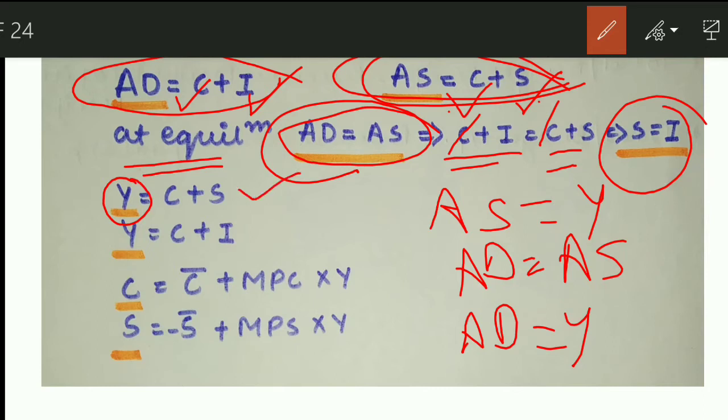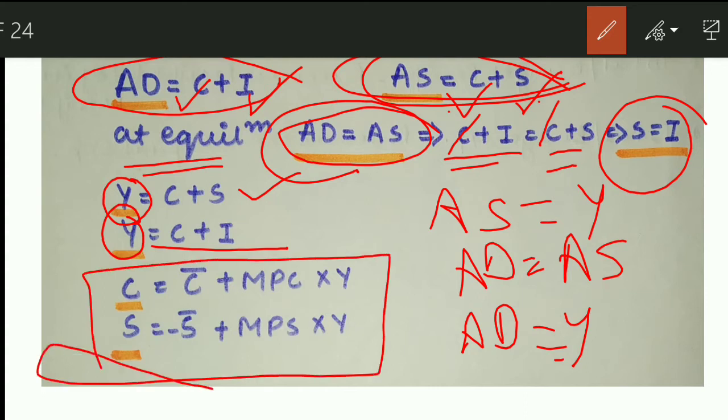So we can write it like this, that income, that is aggregate supply, is equal to consumption plus saving, and aggregate demand, that is consumption plus investment, is also equal to income, that is aggregate supply, at the point of equilibrium.